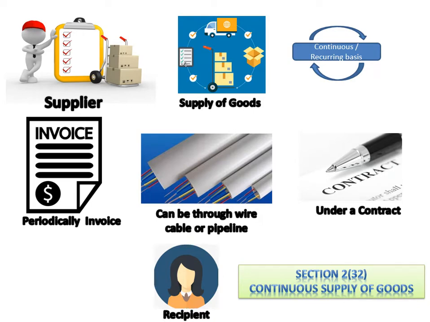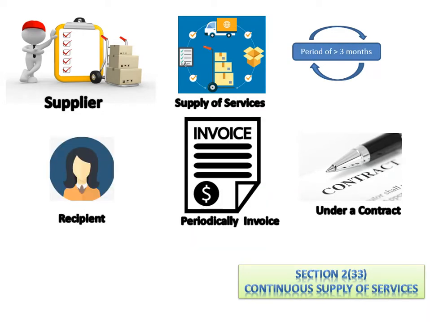Speaking about continuous supply of services. Now, a supply of service means a service which is provided or agreed to be provided continuously or on a recurrent basis under a contract for a period exceeding 3 months, with periodic payment, and includes supply of service as government may specify from time to time.